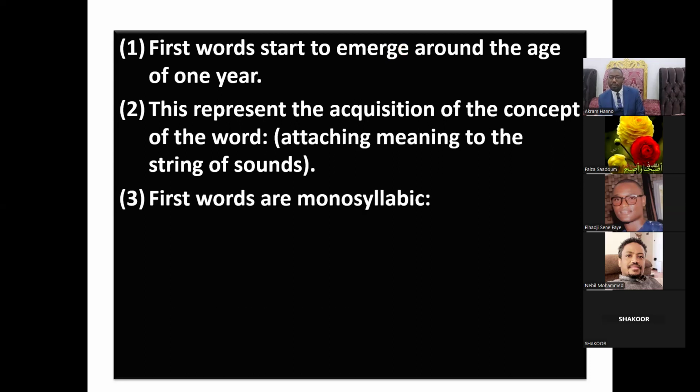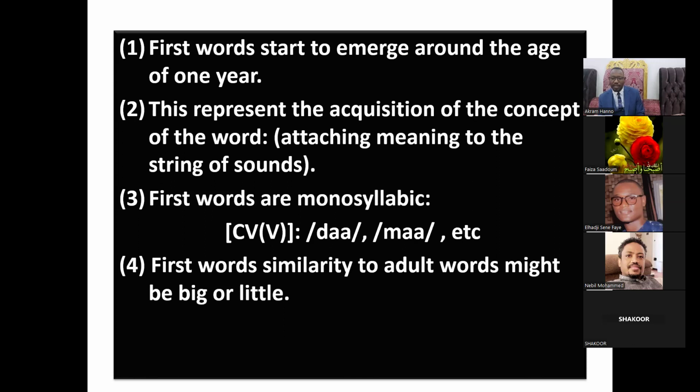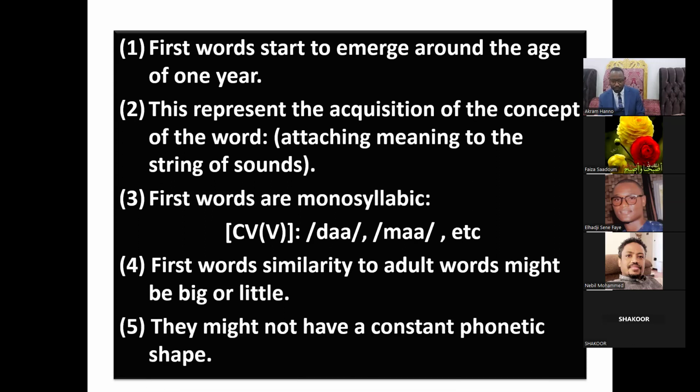First words are monosyllabic, just one syllable, either CV or V, like da, ma, etc. Their similarity to adult words might be big or little.